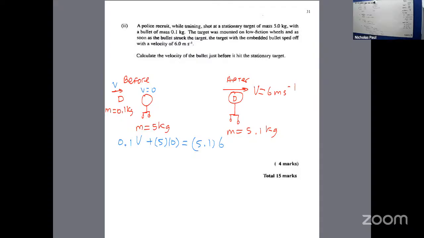And now just solve for v. So I got v to be 5.1 multiplied by 6 over 0.1. That's about 306. So the speed of the bullet is 306 meters per second.